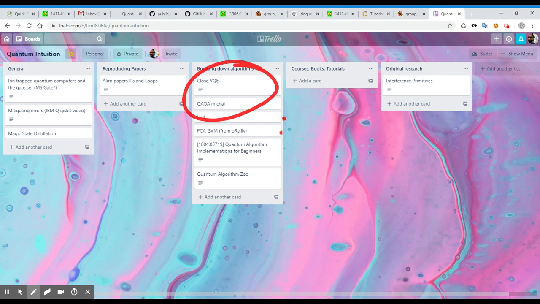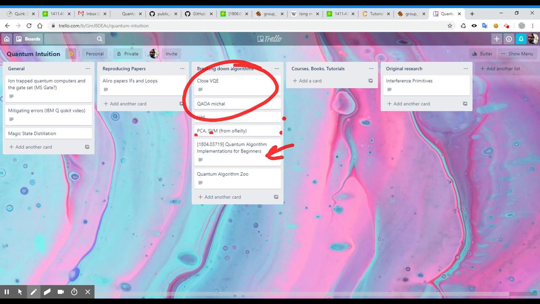Then I was thinking about doing HHL, PCA, SVM, so principal component analysis and support vector machines, because this is the part from the O'Reilly book that I really didn't do, but I also know that they are in the paper Quantum Algorithm Foundations for Beginners, which I also wanted to take a look at. So we'll see.